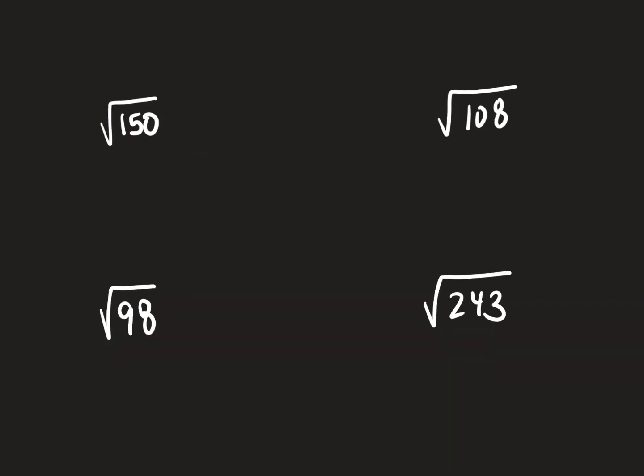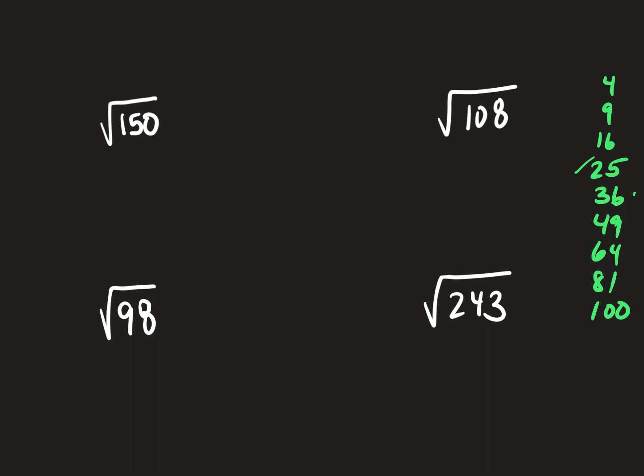Let's just look at a couple other ones. So we have 150. So I'm going to go ahead and write my list again on this page. 4, 9, 16, 25, 36, 49, 64, 81, 100. So the one I see for sure that divides into 150 is 25. I could try to look for some bigger ones.